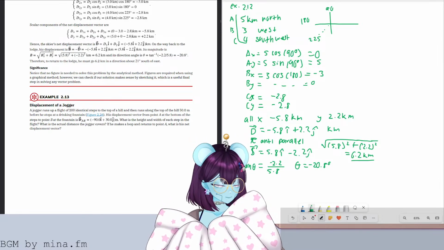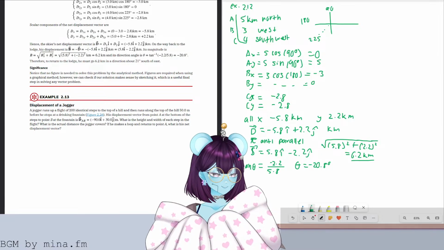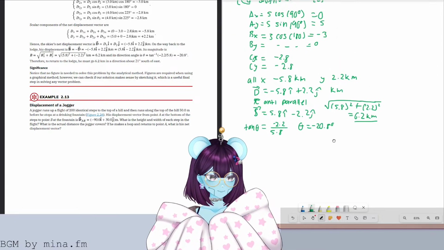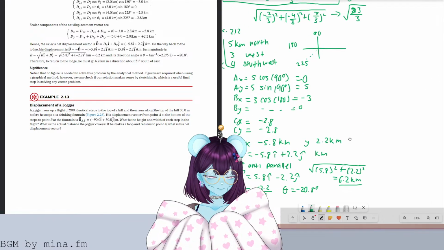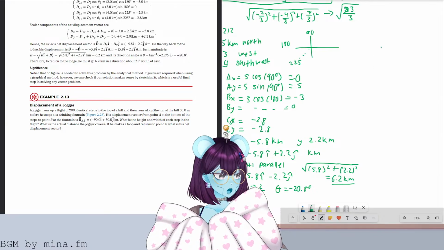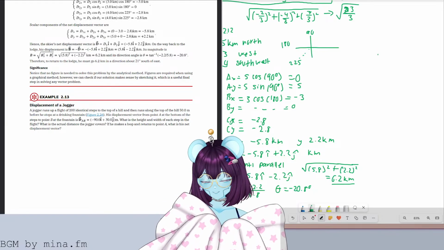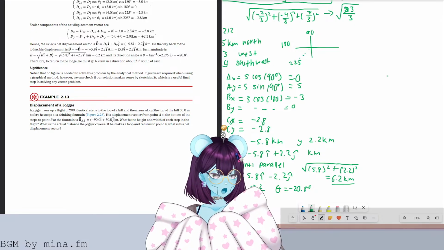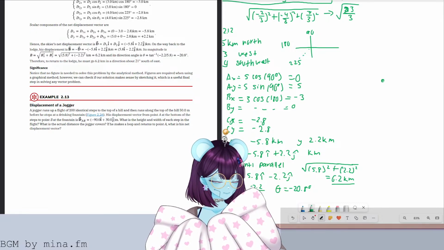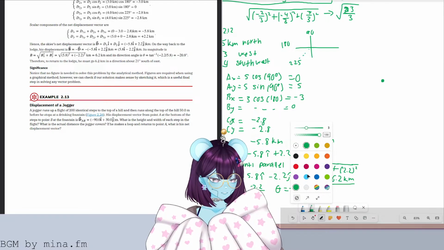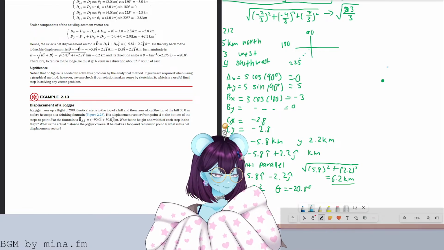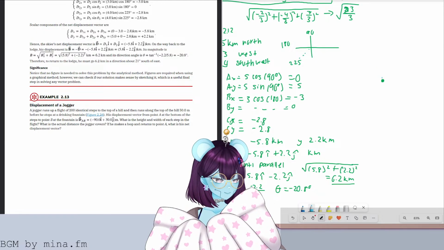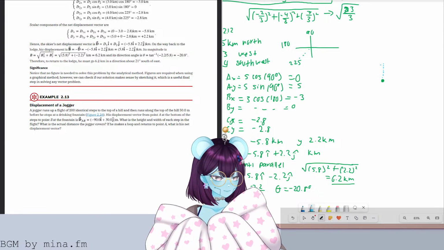So I don't have a protractor, but what I can do is draw a really horrible diagram. So let's just say the origin is here. Our little skier, I'm gonna make the skier light blue. Let's say the skier is me. I ski north 5 kilometers.